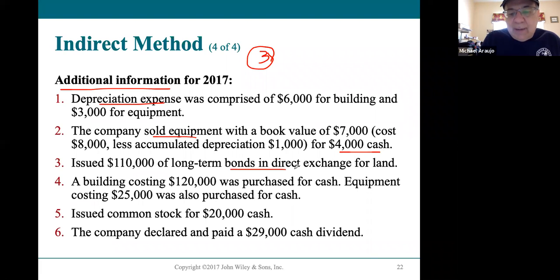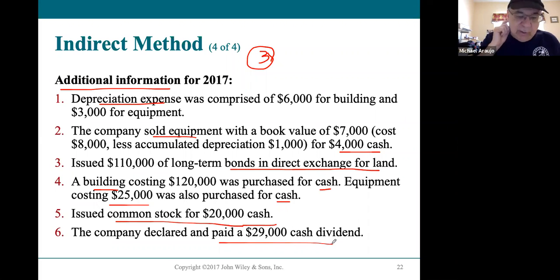Looks like they issued bonds directly for land, so no cash was involved. Looks like they purchased a building for cash. They also purchased equipment for cash, so there's cash involved there. They issued some common stock for cash, so there's cash involved there, and they paid a dividend, a cash dividend, so cash was involved there.